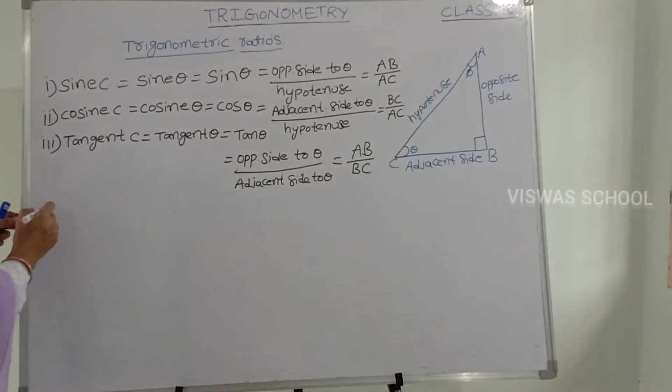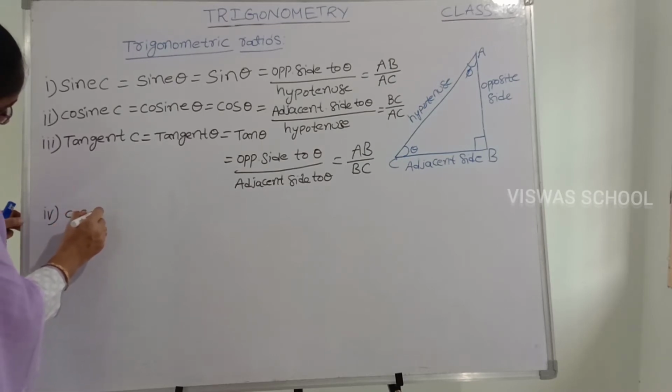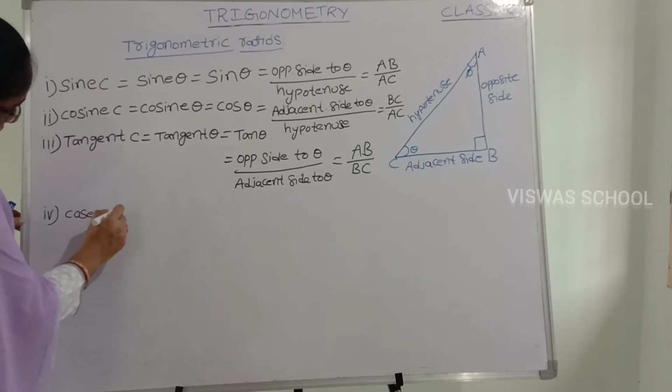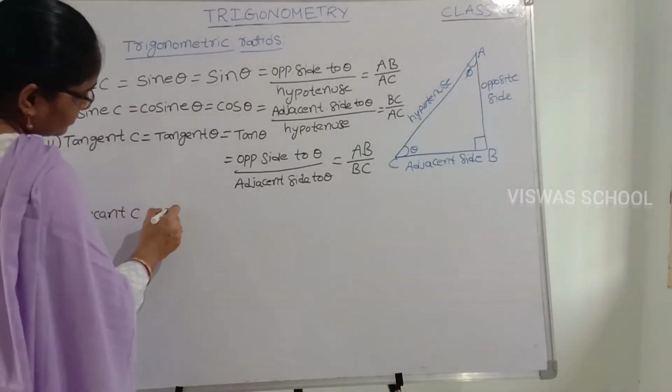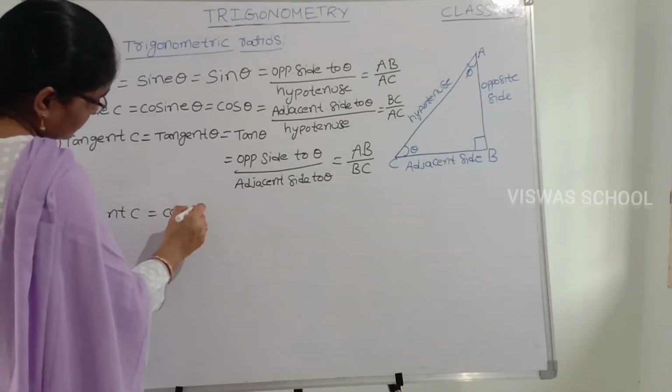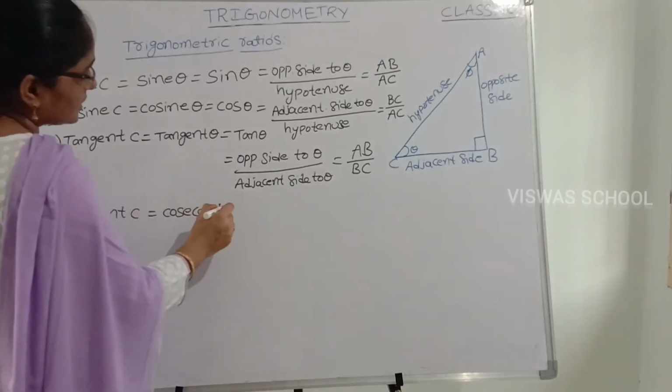That is the fourth one, cosecant. Cosecant C is equal to cosecant theta.